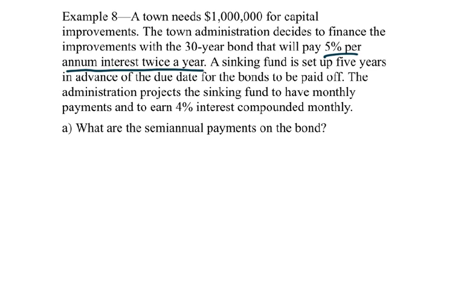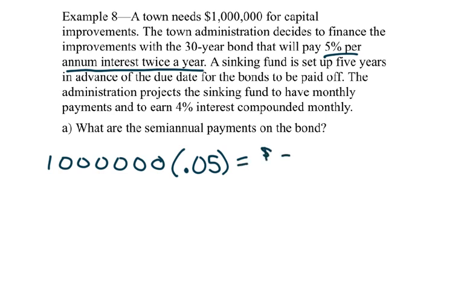And so if we want to know the annual interest on that, we want to say $1 million times the 5%. That's 5% for the entire year. That's going to give us $50,000. And this is going to be the total for the year.